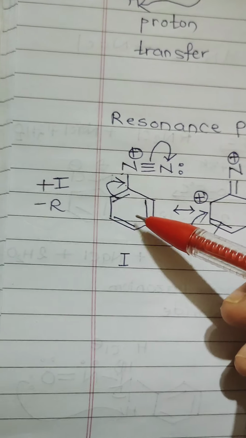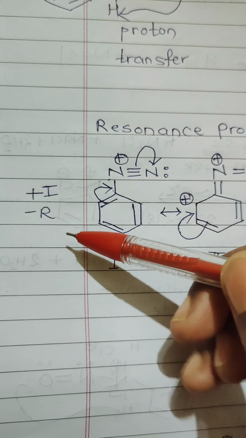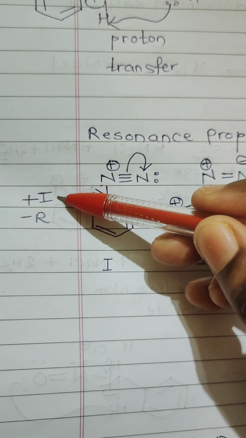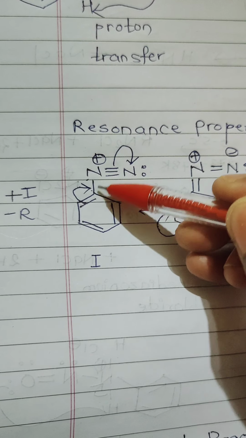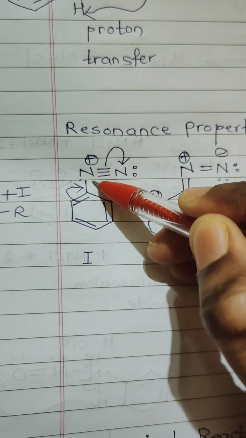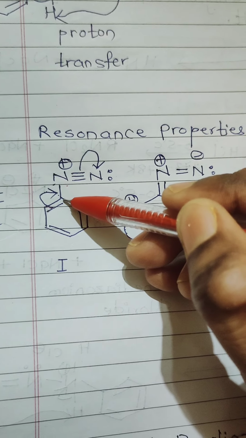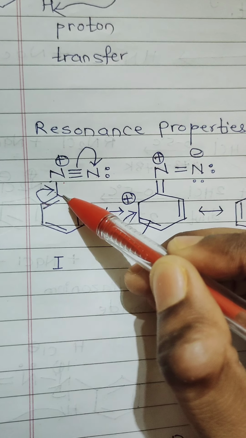Now we'll see what effect this structure or this resonance has. It is of plus I, because a positive inductive effect is shown here. For the inductive effect we see the first atom directly attached to that atom of the ring. So here there is carbon.